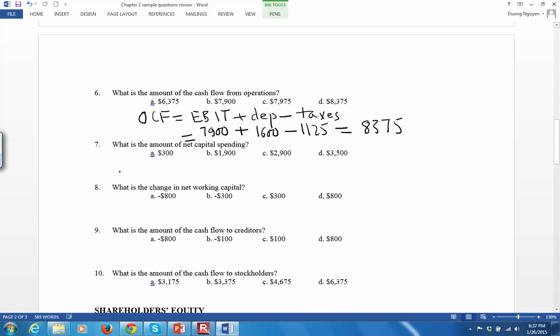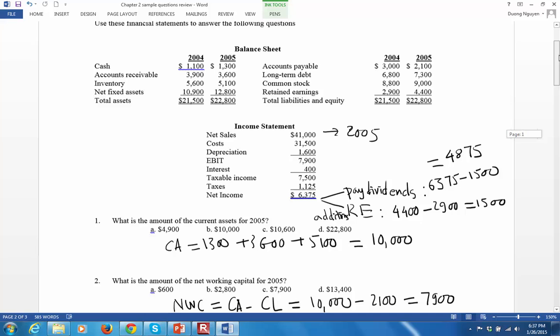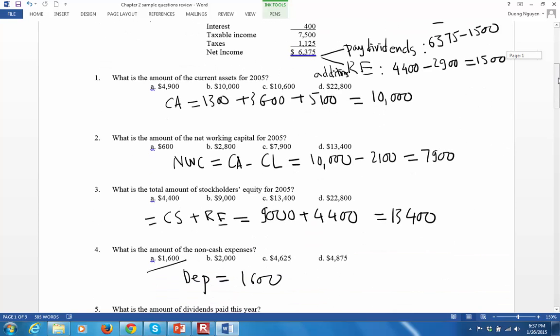What is the amount of net capital spending? Net capital spending is equal to the ending net fixed assets minus beginning net fixed assets plus depreciation. Looking at the balance sheet, the ending net fixed assets is 12,800 and beginning is 10,900.